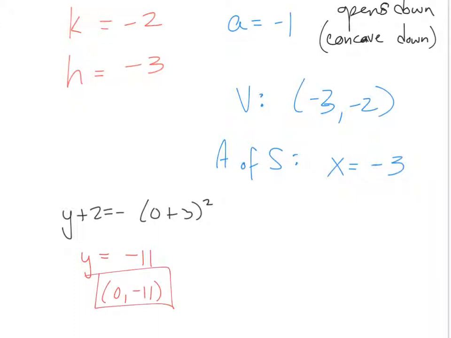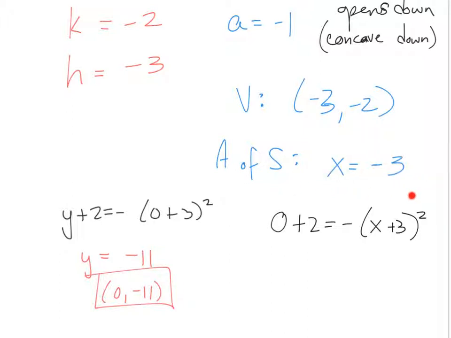For the x-intercept, set y to 0. Now, what do I do to start? Be careful here. What do I do to start? And yesterday Jeff told us that this is like completing the square. We have 2 equals that negative or opposite of the quantity x plus 3 squared. Okay, this is what we have right here.